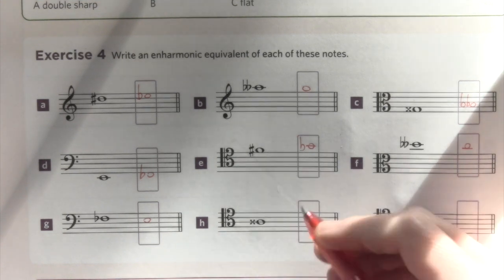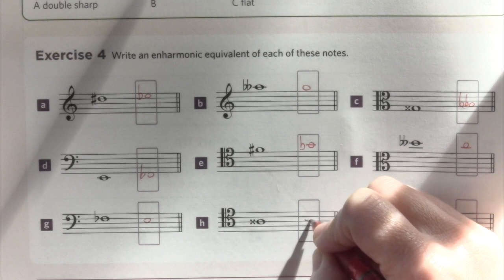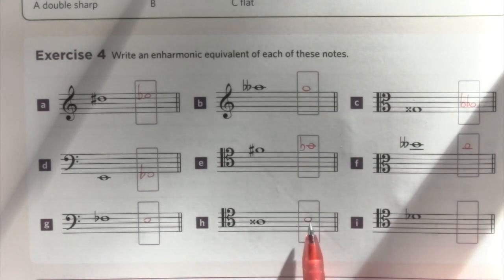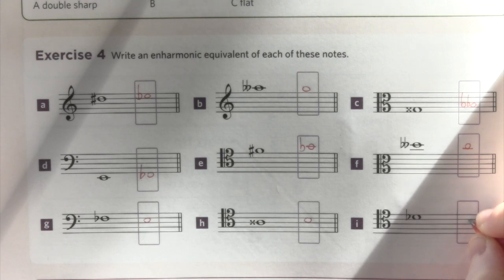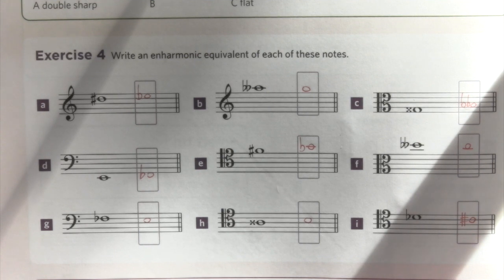So that is B. Okay? Re flat is Do sharp. And exercise 4 is all done for you.